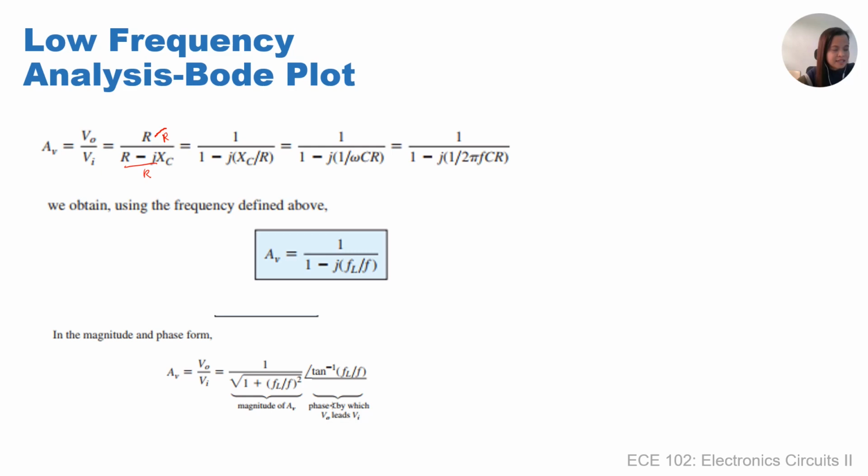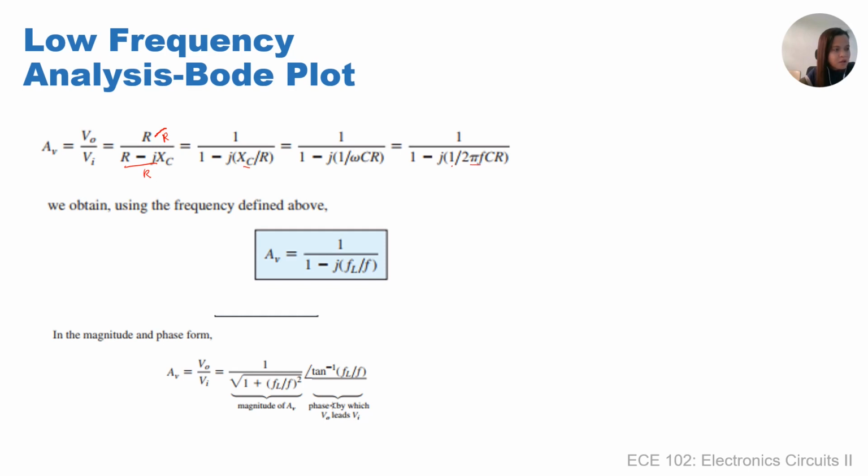Simplifying that, we have 1 over 1 minus jXc over R. And Xc here is just equivalent to 1 over omega C, times R, so it is included here as R. And this omega here is just equivalent to 2 pi f.